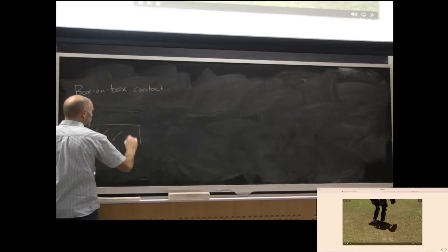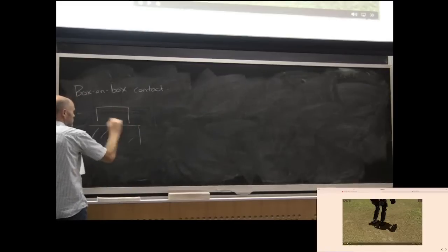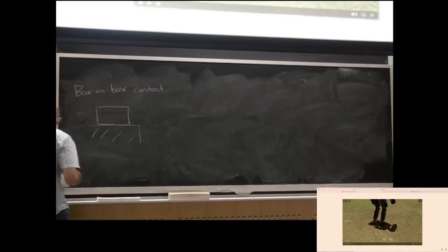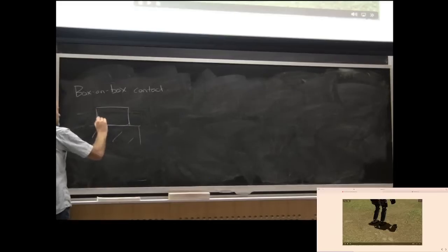So let's just think about box-on-box contact. That's what we saw when I dropped a bunch of red boxes out of the sky, right? So let's say I've got one box and I've got another box here, okay? Box 1 and box 2. Where do I draw the contact forces? My normal forces, right? I drew them here and here to make my free body diagram work, but that was a little arbitrary.